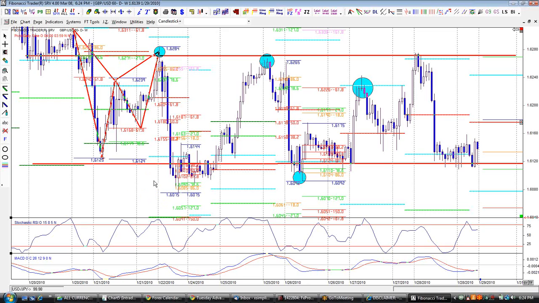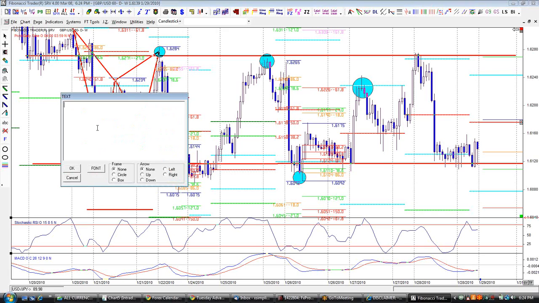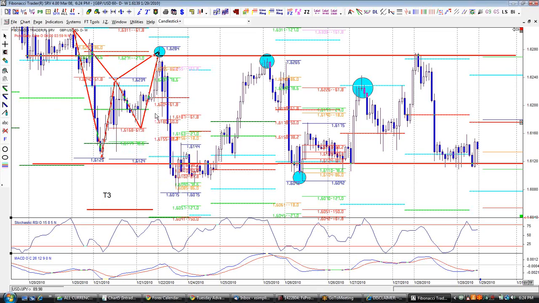Target 3 is somewhere lower. So target 3 stays untouched. Target 1 and 2 were before the A, so we can easily see that target 1 and 2 were hit in this trade.